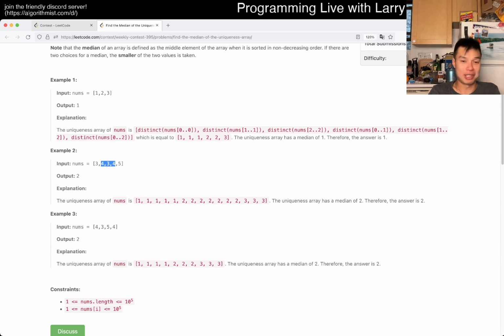Do I have an idea? I don't have an idea, but the median. Can I infer anything else from the median?